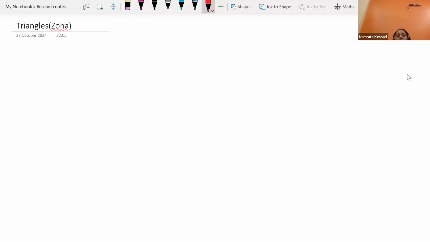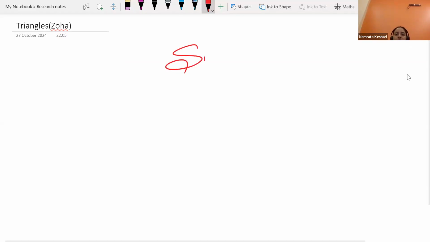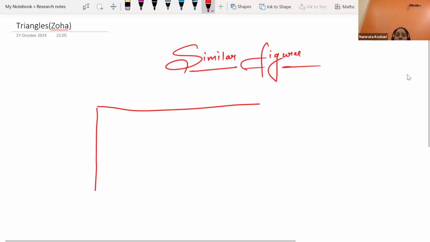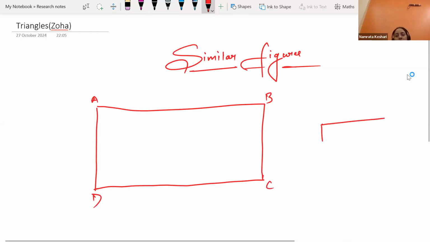So whenever we talk about similar figures, suppose I have drawn a rectangle ABCD, and a rectangle PQRS.